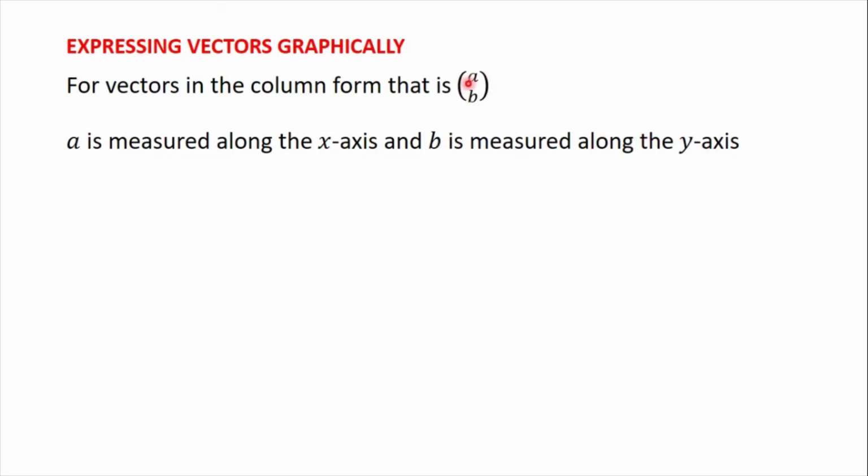This vector here can be written as if it is the coordinate of a point in the Cartesian plane, or the xy plane. So a represents the value on the x-axis and b represents the value on the y-axis.